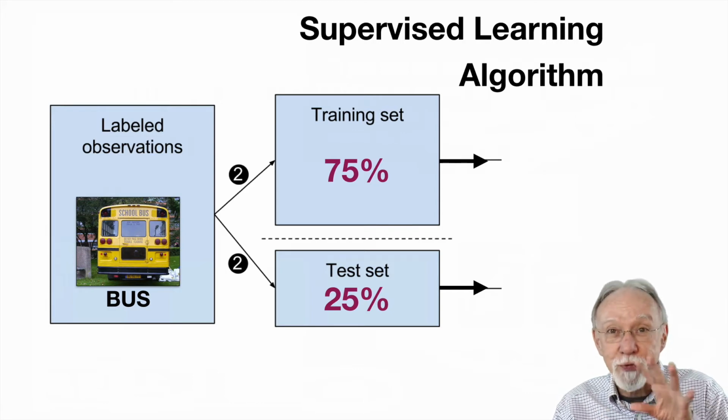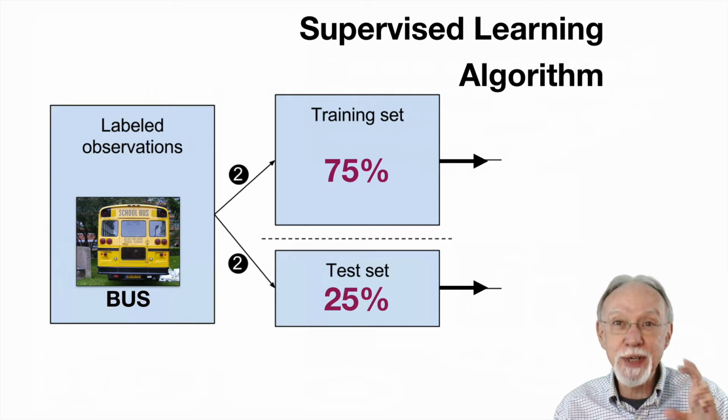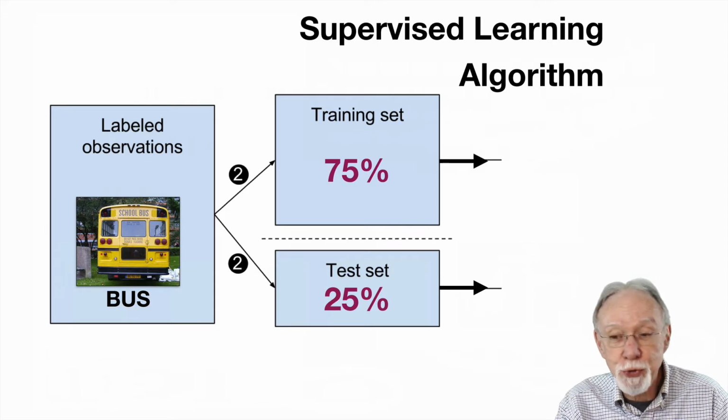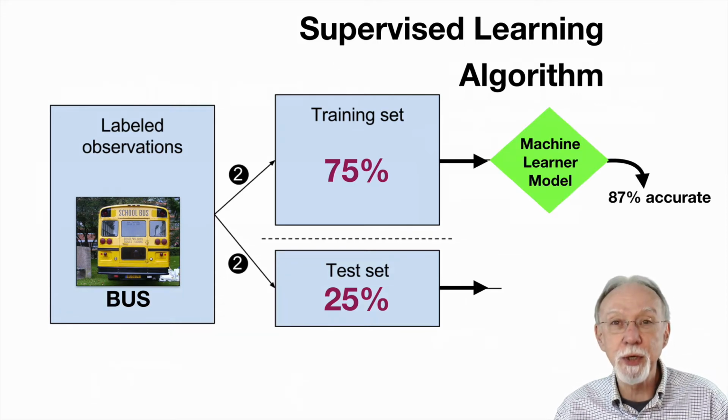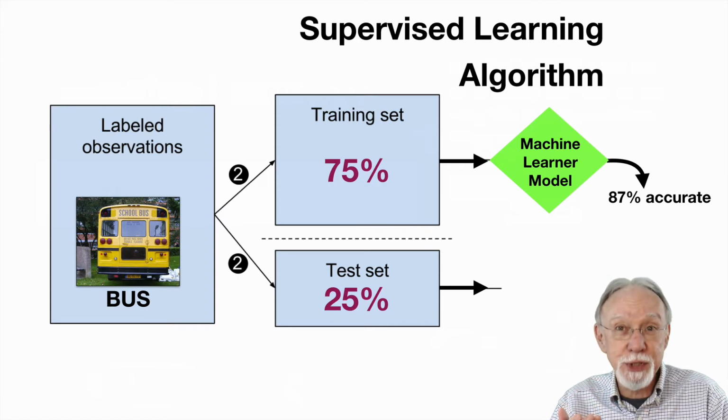And out of those, we take a big chunk to use as the training set. So somewhere between 65 and 85% of our data is used to train our machine learning model. So we work with that to try to maximize the accuracy without doing something called overfitting.